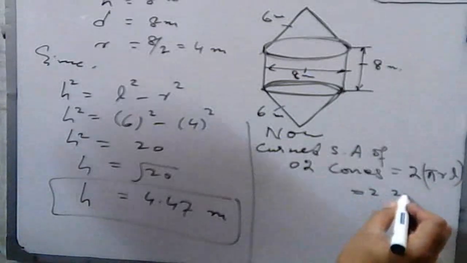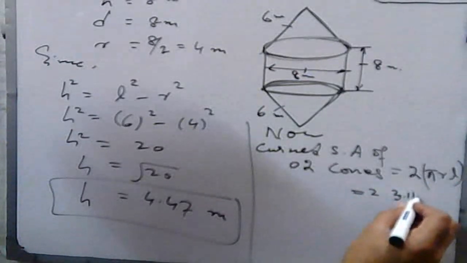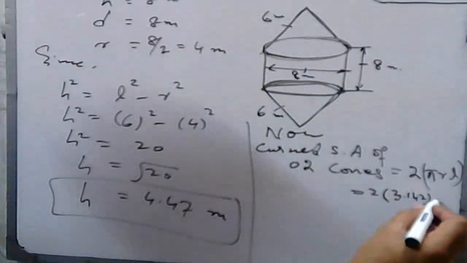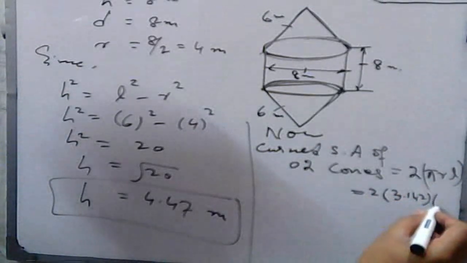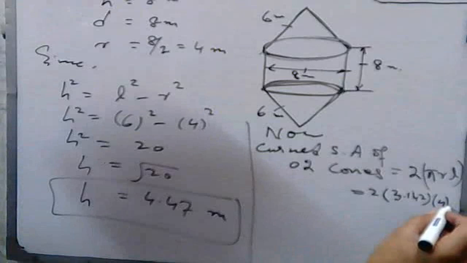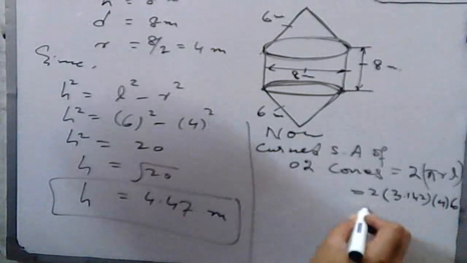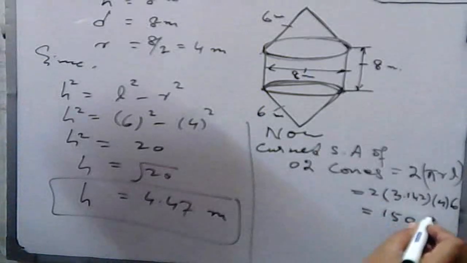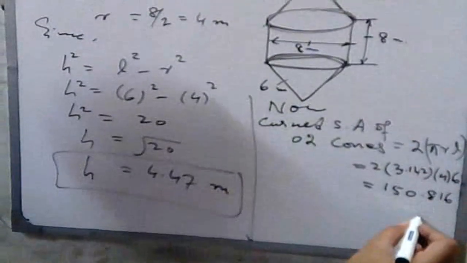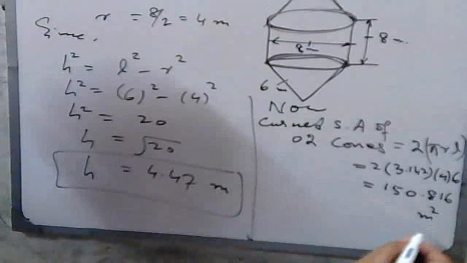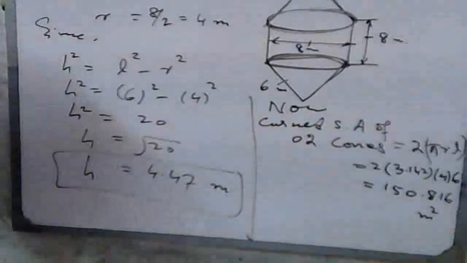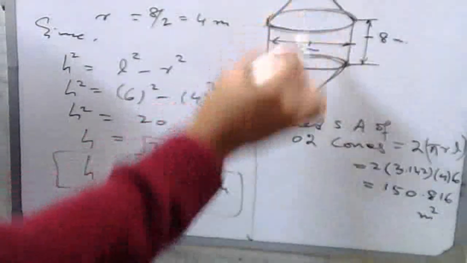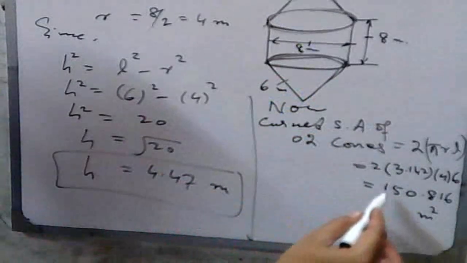Putting the values, 2 into pi, that is 3.142, multiplied by r, the value of r is 4, and l is 6. After multiplication you will get 150.816 meter square.